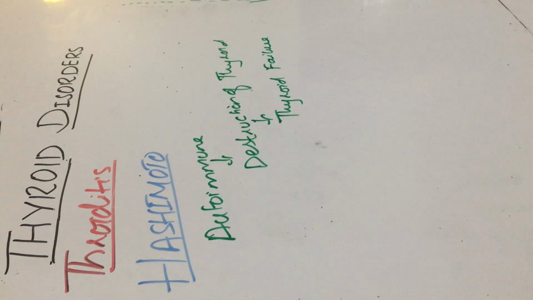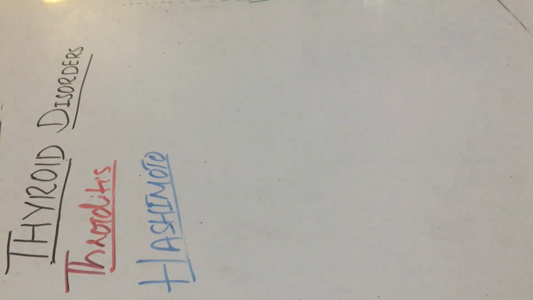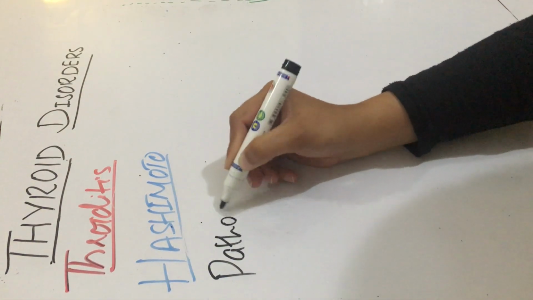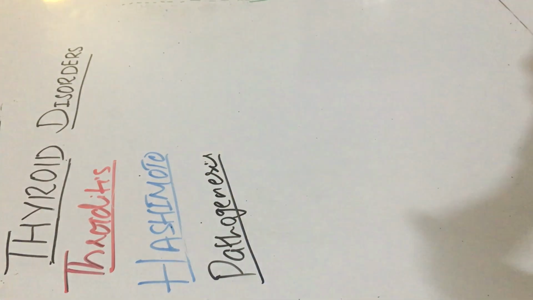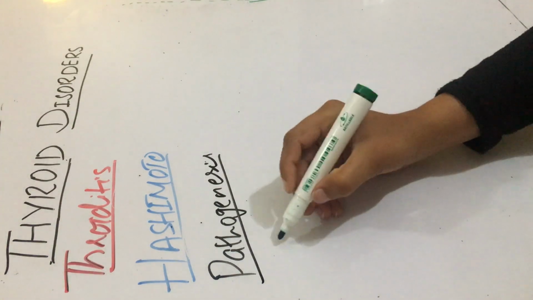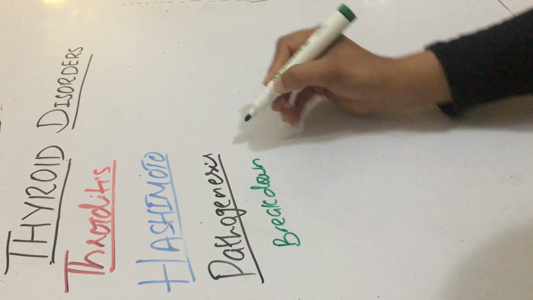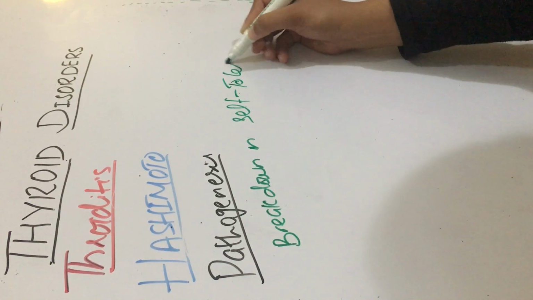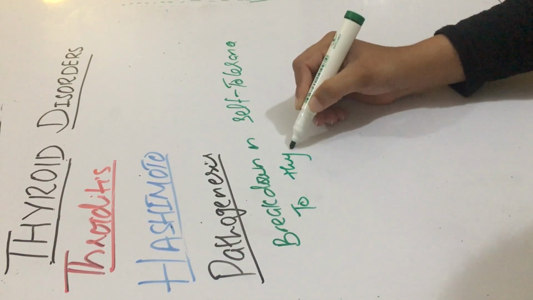Now we mainly focus upon the pathogenesis of Hashimoto thyroiditis, that is, what is the cause of this autoimmune disorder. Pathogenesis is that there is the breakdown in self-tolerance to thyroid autoantigens.